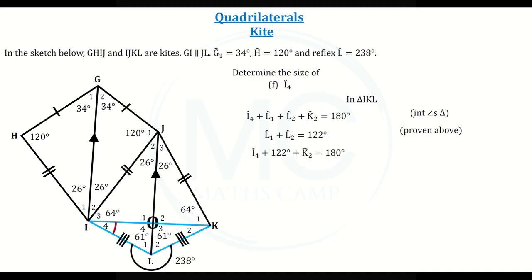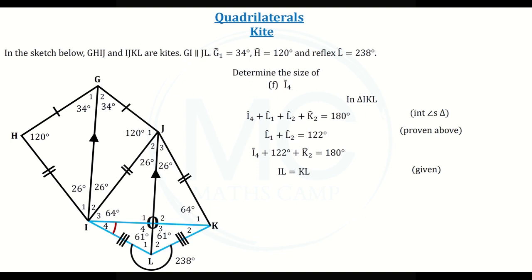We want to find the size of angle I4, but to do that, we need the size of angle K2. We know that IL is equal to KL, so let's make a note of this, and we can say IL is equal to KL, because this information has been given to us in the diagram. So this is an isosceles triangle with two equal sides and two equal angles.